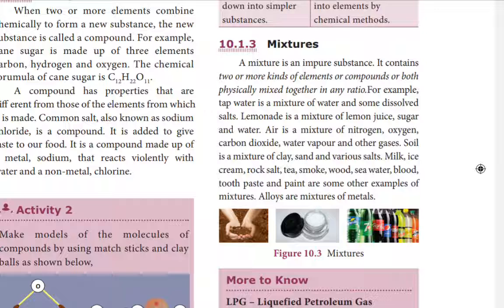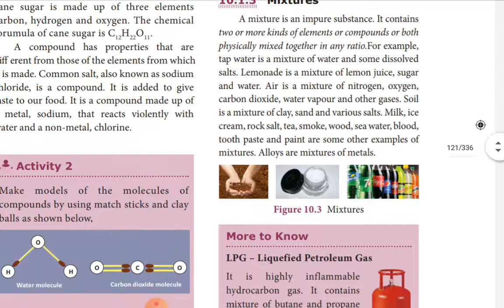For example, take tap water, water from the well or water from the ground, which is a mixture of some dissolved salts. The tap water constitutes calcium chloride, magnesium chloride, calcium sulfate, magnesium sulfate.